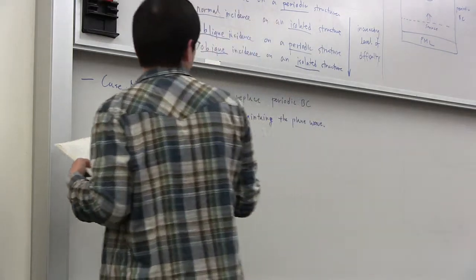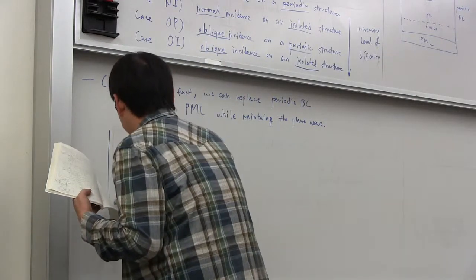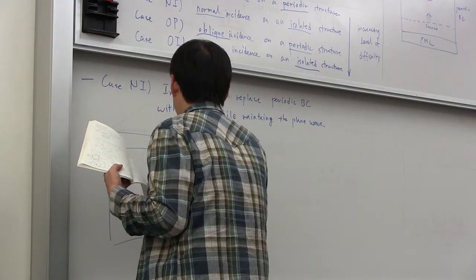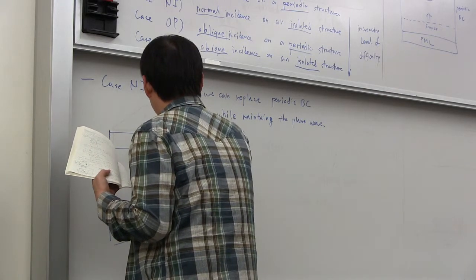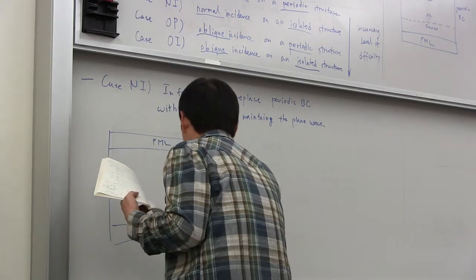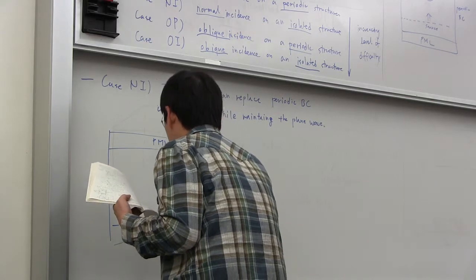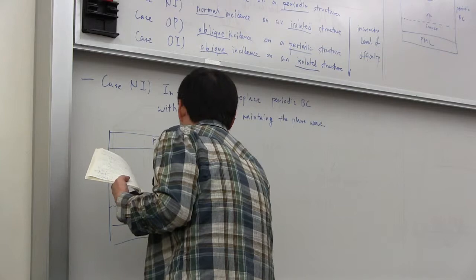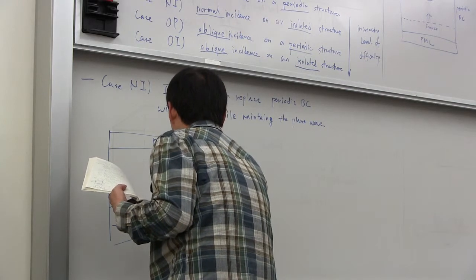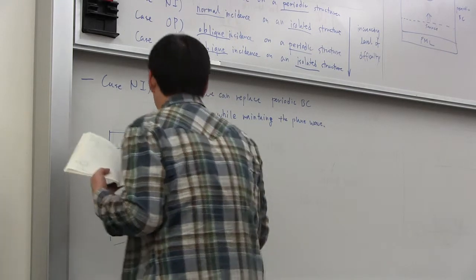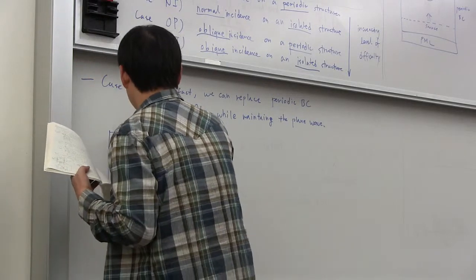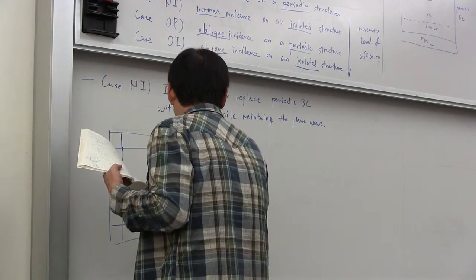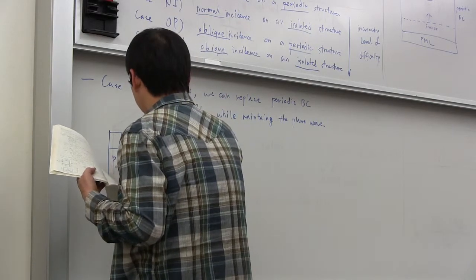So I'll draw the same figure. You have PML on top and bottom. And you have a source going upward, and I'm saying that you can actually put PML here.